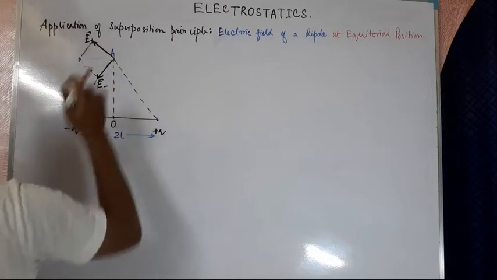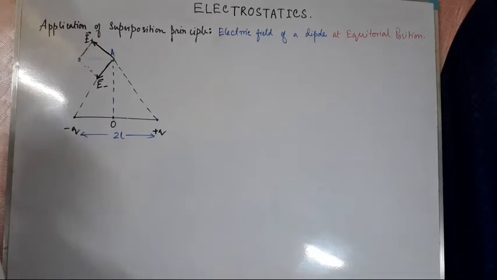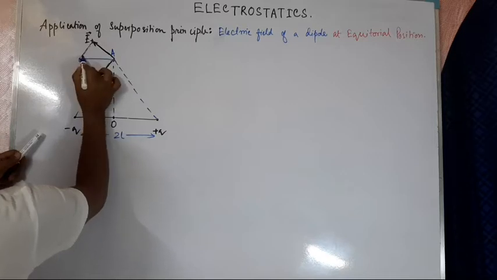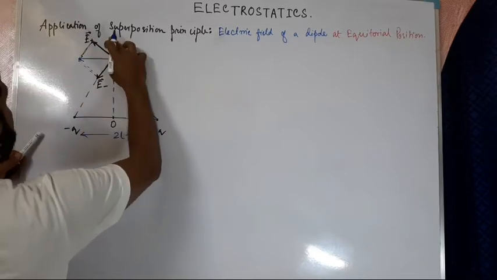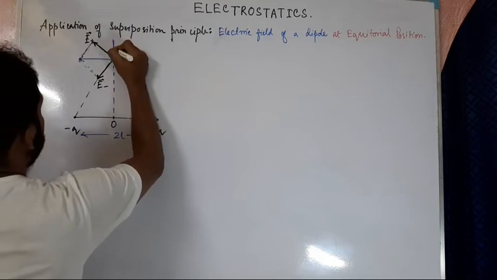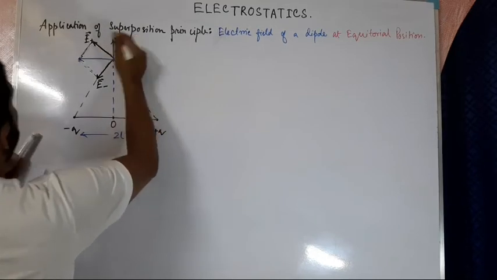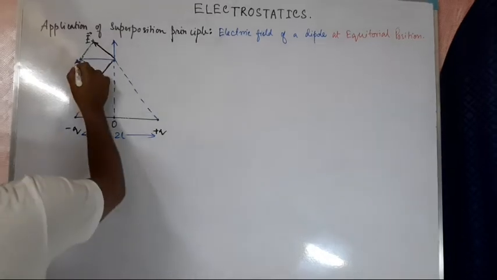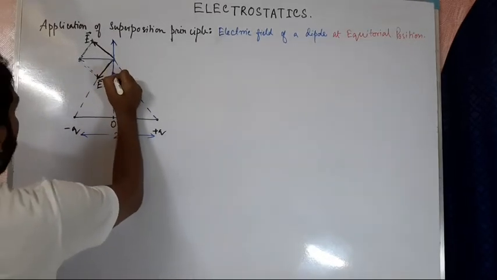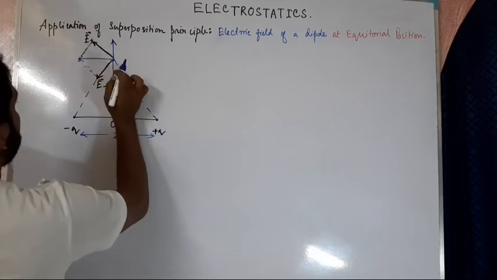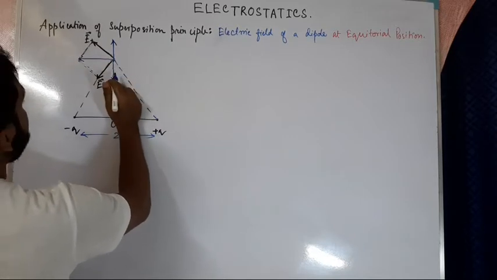That will be easier to find the electric field. So let us split it into components. One vertical component, one horizontal component, and another vertical component. These are the components of E positive, and the components of E negative are one horizontal and one vertical. These are the components of E negative.